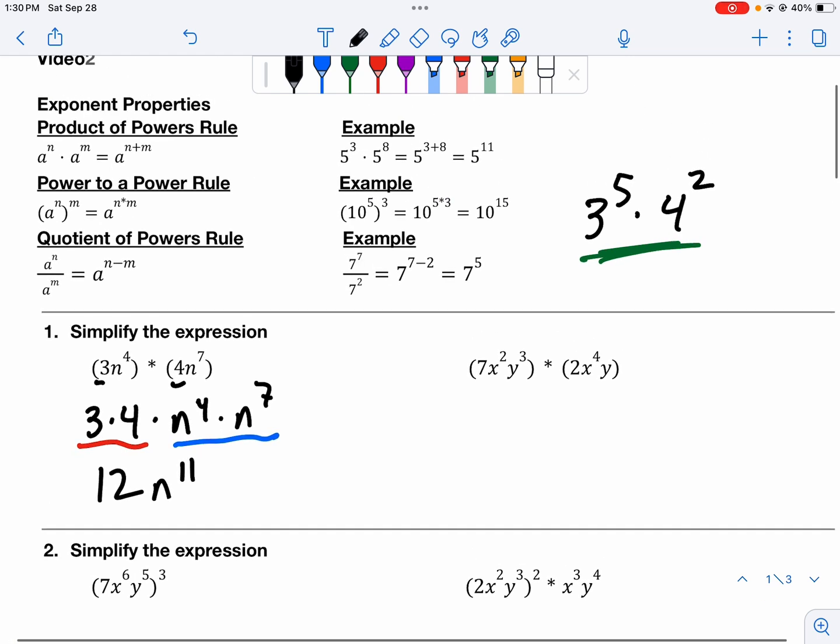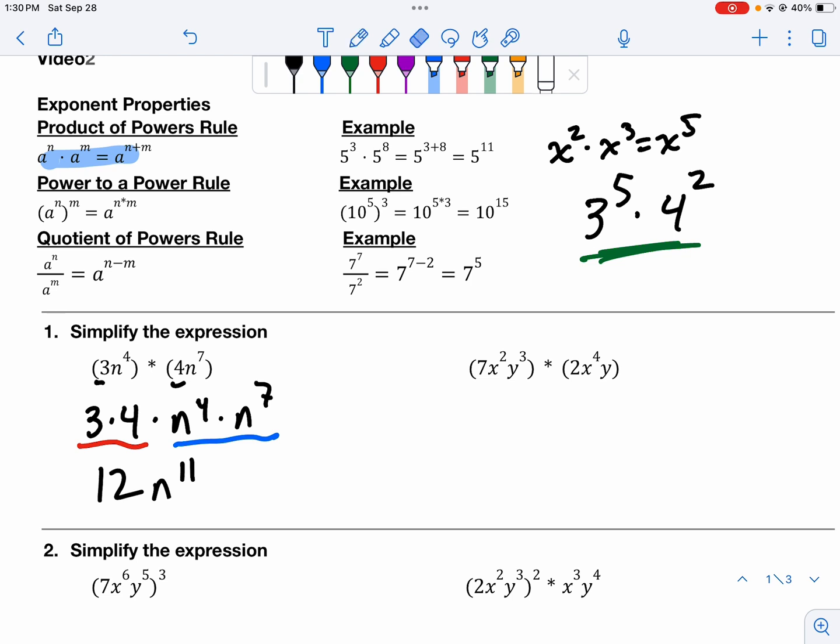It's just like this example here at the top, product of powers, that we've been working on. It's the same example, but now we have variables involved. So we could have x squared times x to the 3rd equals x to the 5th. These are examples where we are also adding our exponents.